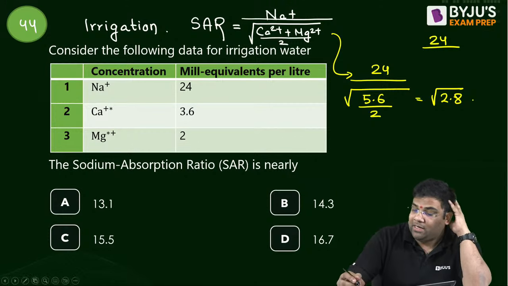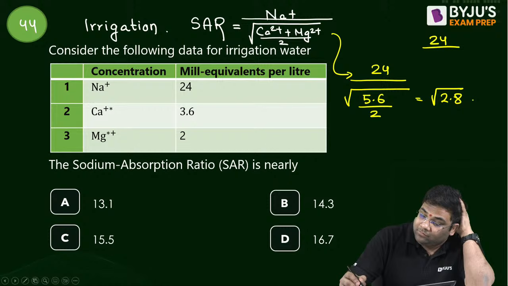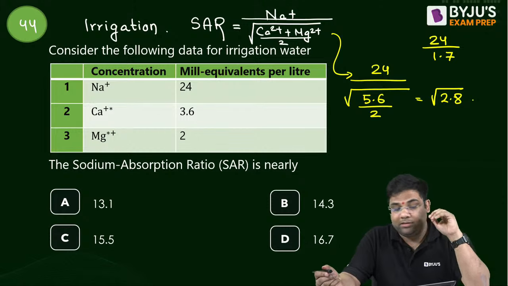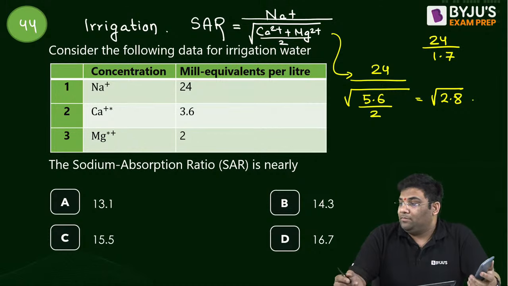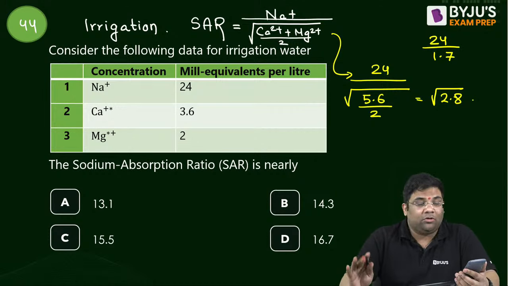Root 2.8, how much will I get? 1.7 something I'll get. If I do 24 divided by 1.7, you can do some approximations also, right?